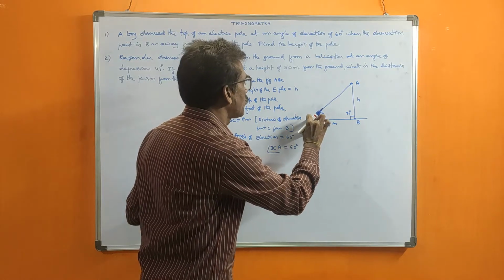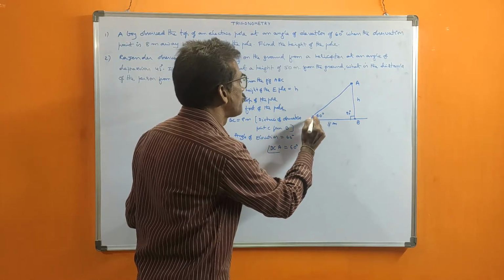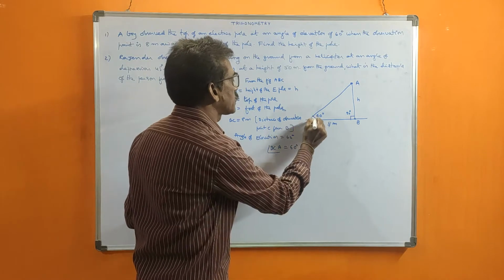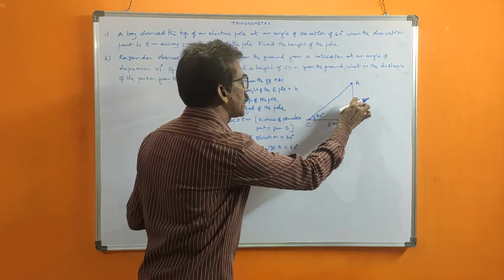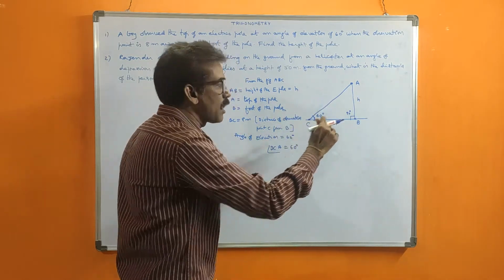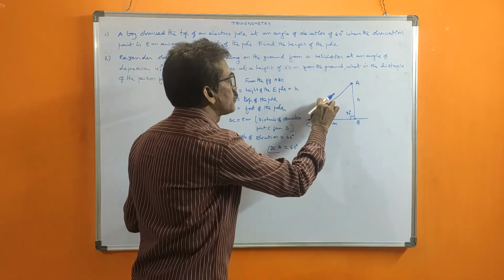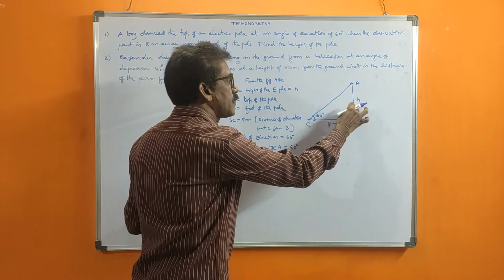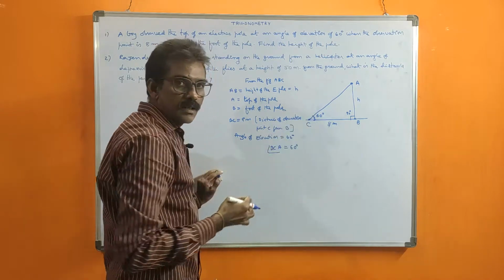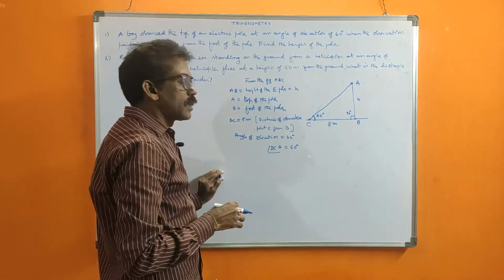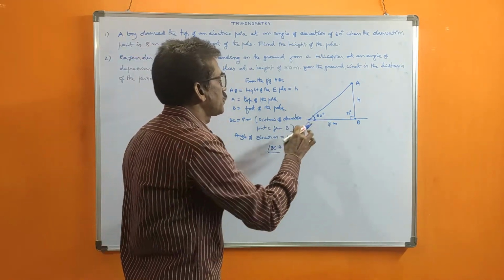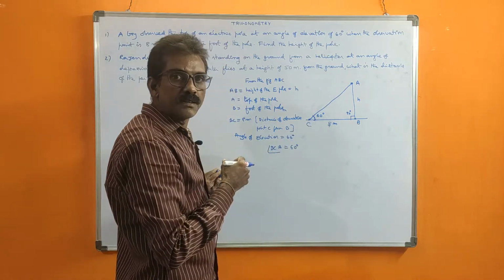Now here we observe that we only know this angle. Suppose we take sine, which means opposite side by hypotenuse. The opposite side value and the hypotenuse are not there, so we cannot calculate. So no use of sine. If you take cos, cos means adjacent side by hypotenuse.